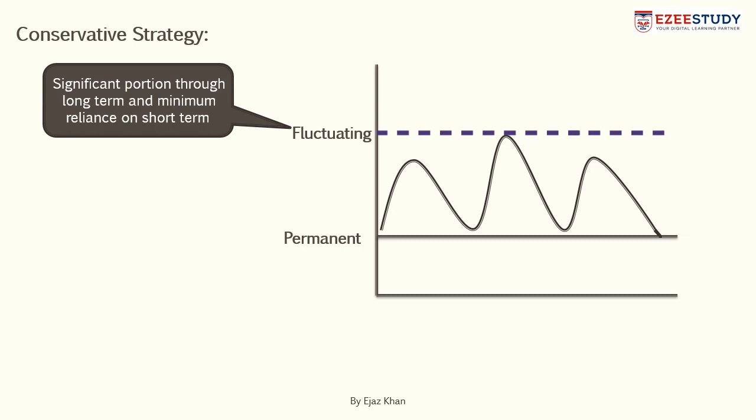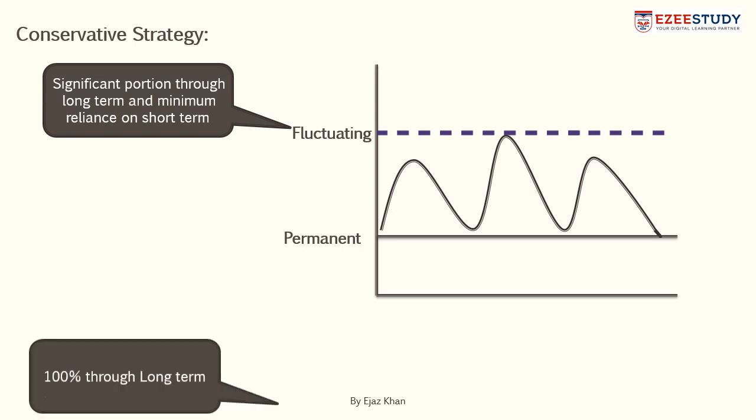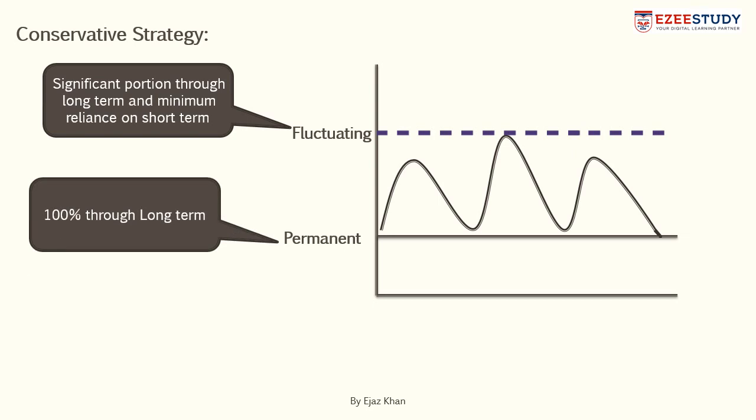So a significant portion of the fluctuating working capital will be financed through long-term, and a very short portion of the fluctuating working capital will be financed through short-term source of finance, and the permanent working capital will be 100% financed through long-term source so that the company is not at risk. But since the company is taking low risk, it will be earning low profits as well.